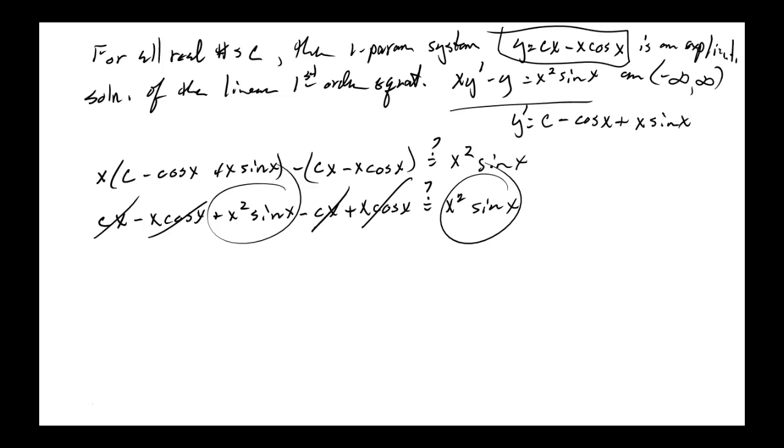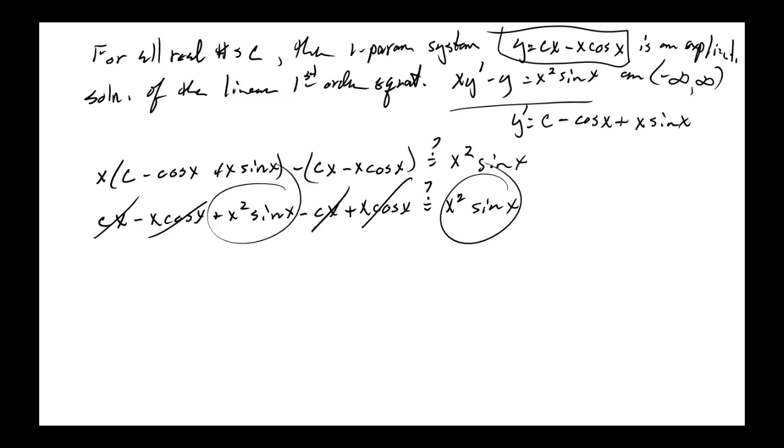Now, the solution y is equal to minus x cosine x, if you'll notice, that's when C is equal to 0. So that would be the blue solution here, the one you would use for C equals 0, because you see, that term doesn't have it. Now, what do we have there? y is equal to minus x cosine x.